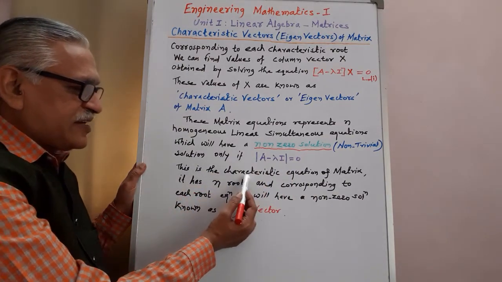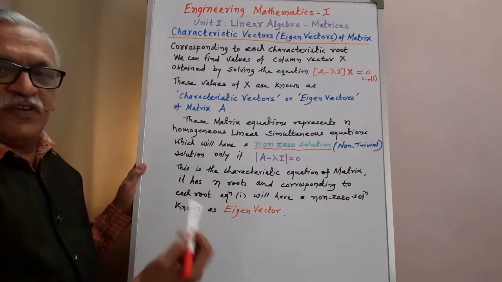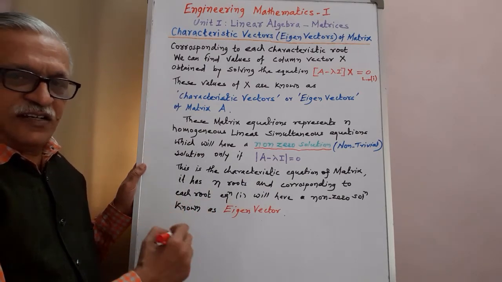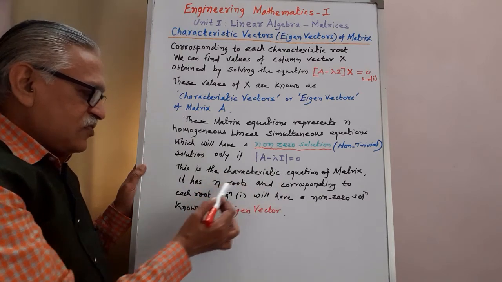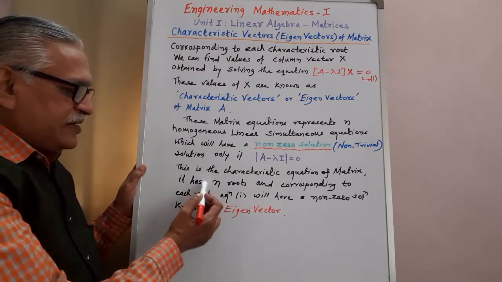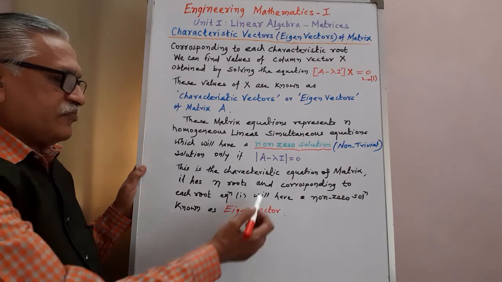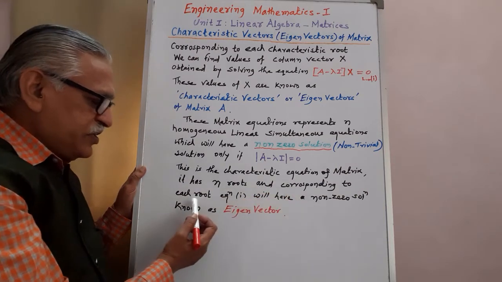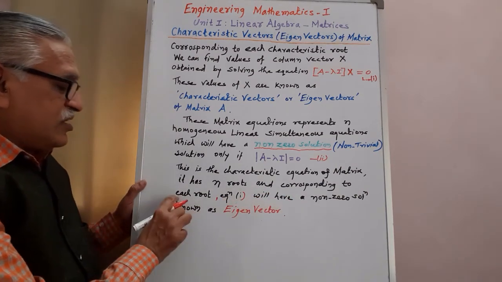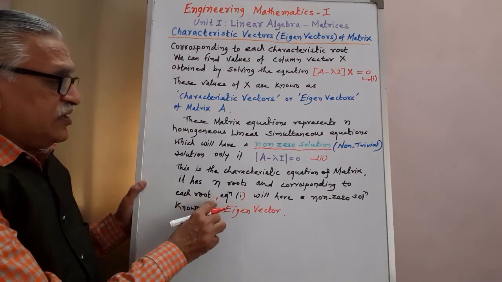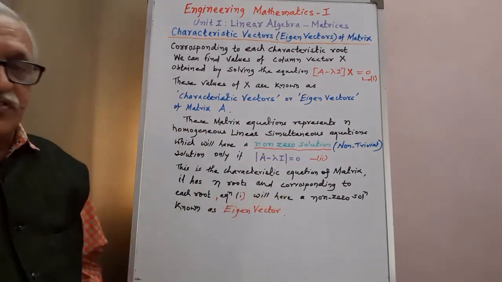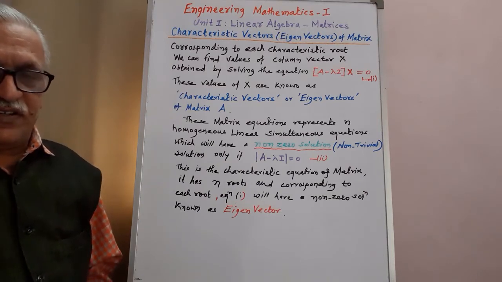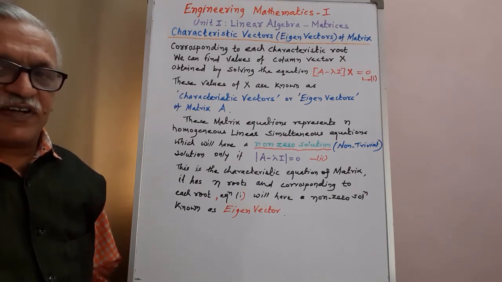This is the characteristic equation of the matrix, which I discussed in the earlier lecture. Therefore, this represents the characteristic equation of the matrix, and it has n roots, and corresponding to each root, equation 1 will have a non-zero solution known as eigenvector or characteristic vector.